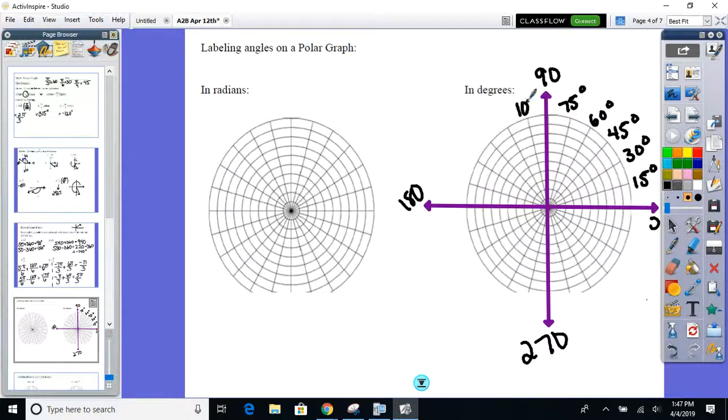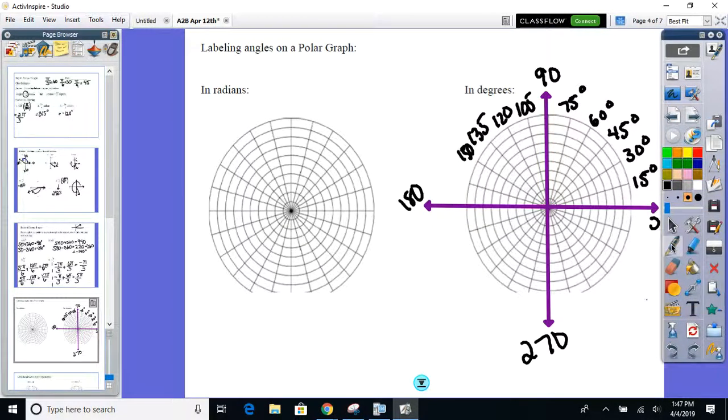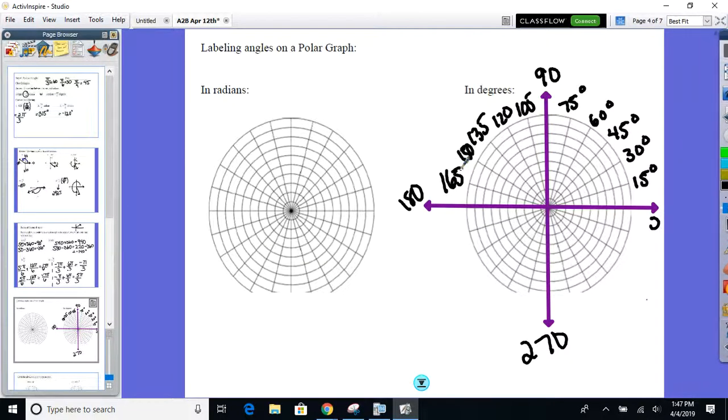It goes by 15 degrees. 210. Going up by 15s.